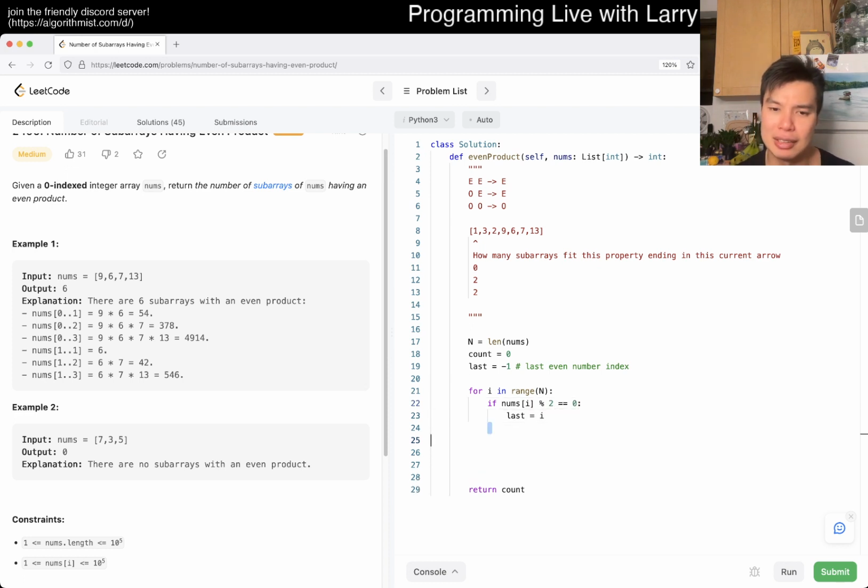And then how many numbers are there? Maybe just last plus 1, I think, because if the last index is at 2, that means we can take the 2, we can add 1 and then 2, so then on index 2 that will be 3 as the answer. So I think that's pretty much it.